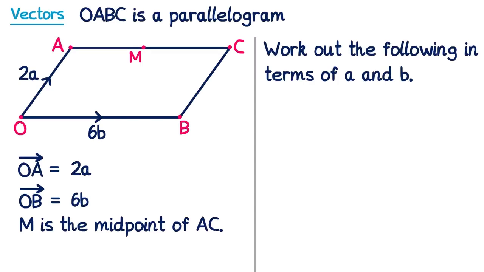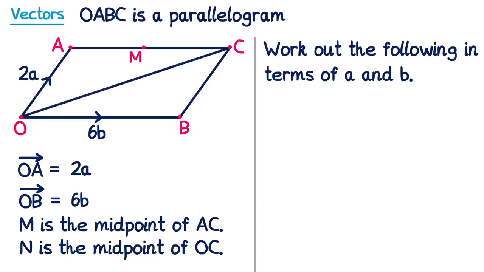Now let's add some more information to this question. The point N is the midpoint of OC. Now we don't actually have the line OC drawn on, so I'm going to add it to the diagram as well, and the point N must be halfway along this, so somewhere like here. Next we're going to try and work out a vector for ON.